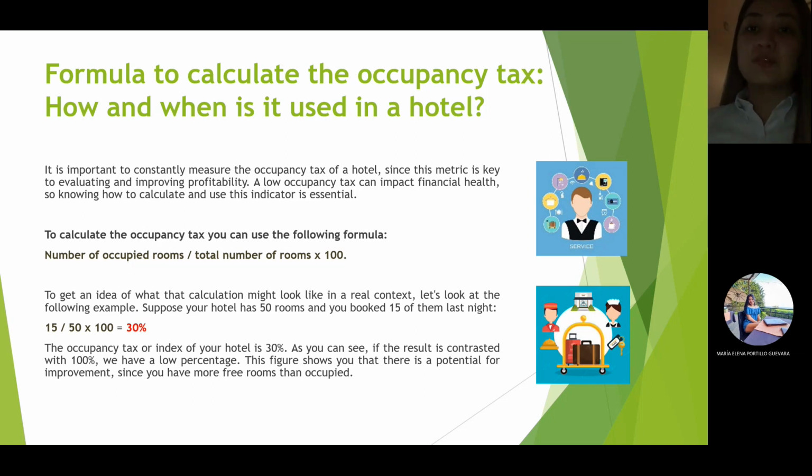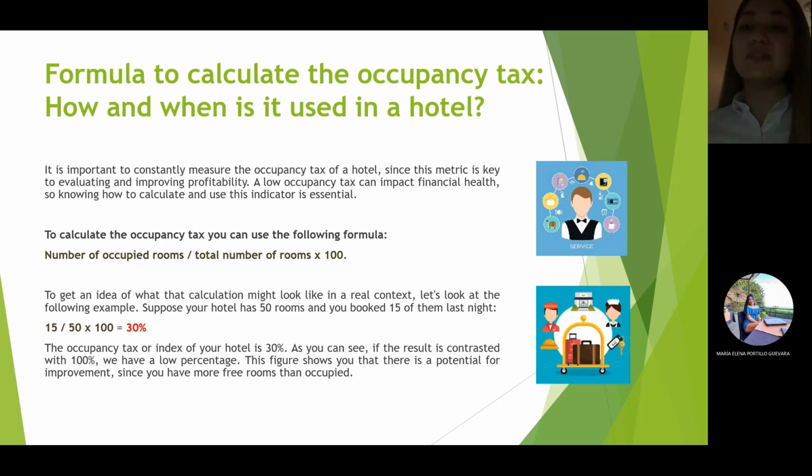times 100. To get an idea of what that calculation might look like in a real context, let's look at the following sample. Suppose your hotel has 50 rooms and you booked 15 of them last night. 15 divided by 50 times 100 is going to be 30%.